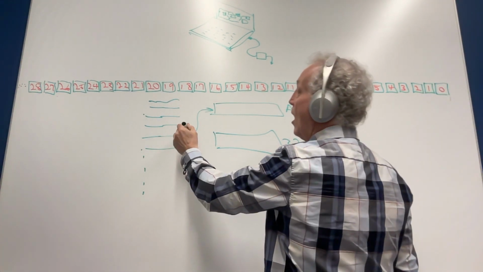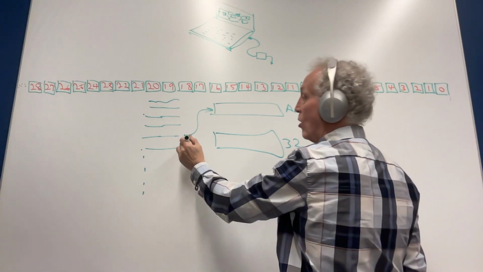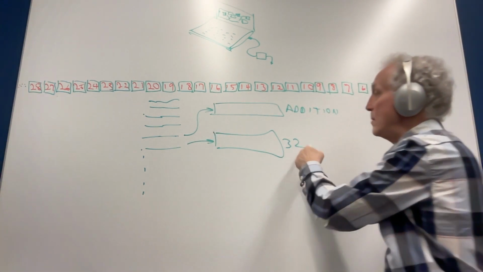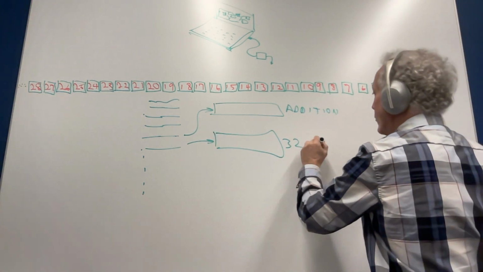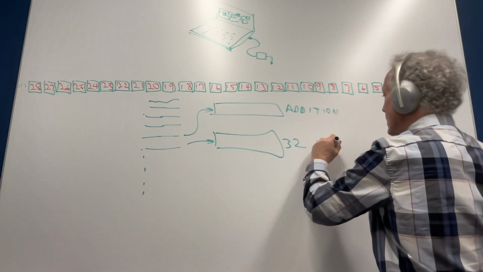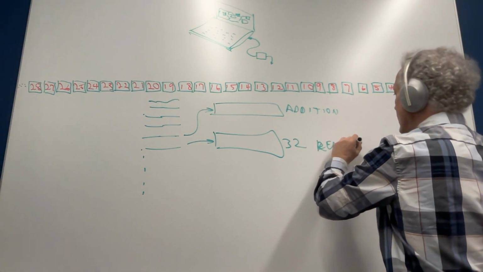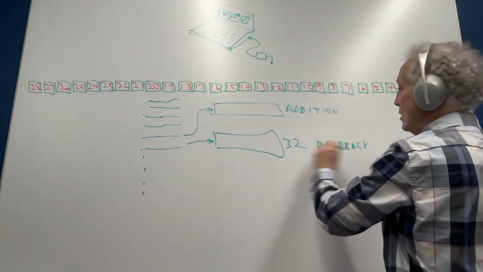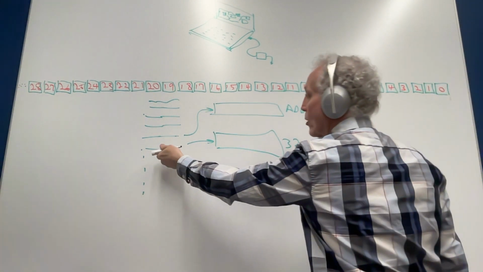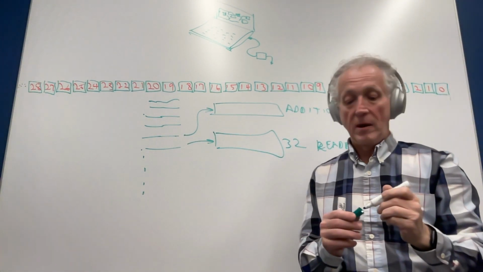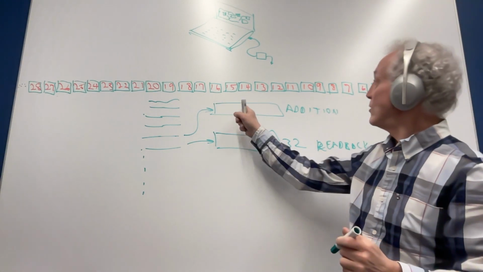The readback says, okay, take that number you just stored and put it into a memory location for the readback. This is an actual memory location that the program stores it in. Every sample period, it'll update whatever that addition was.